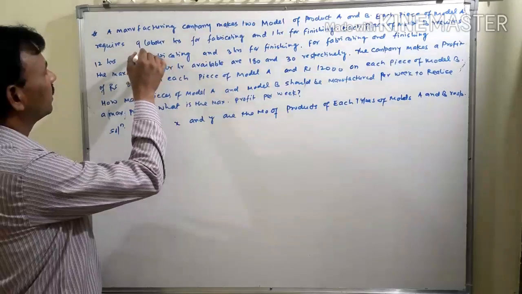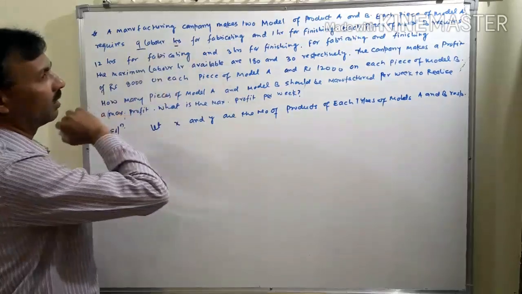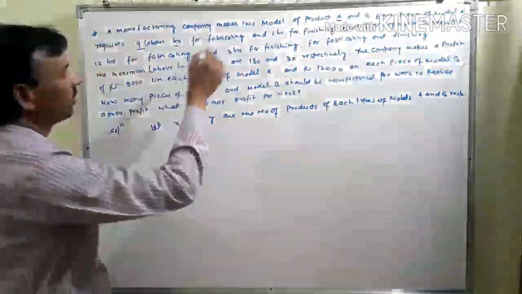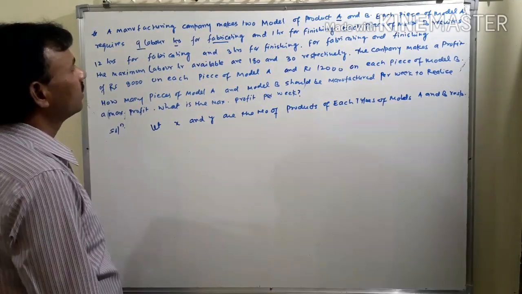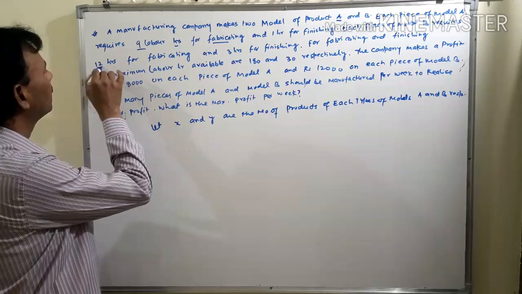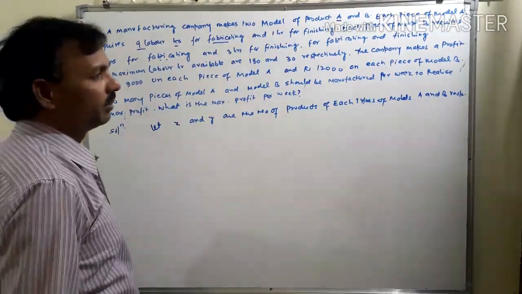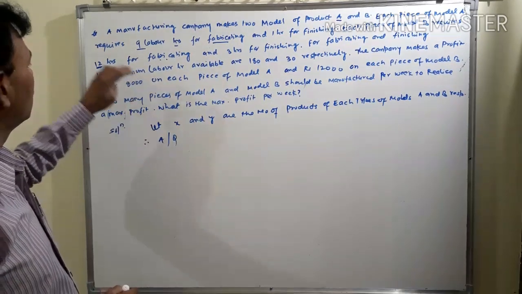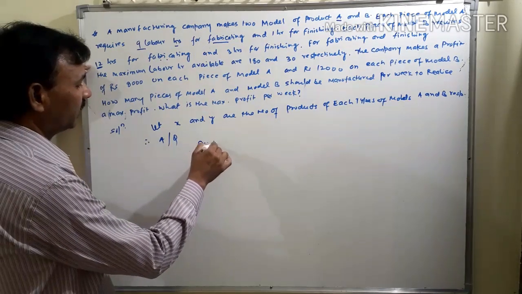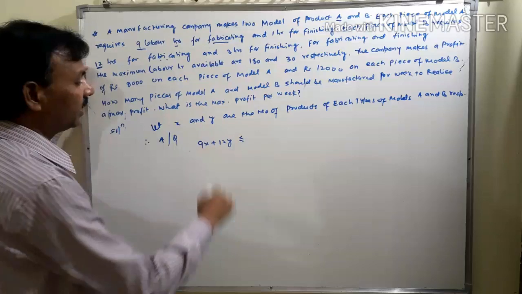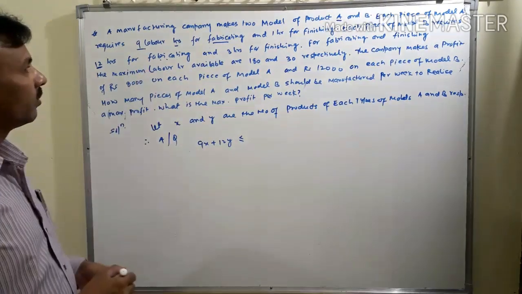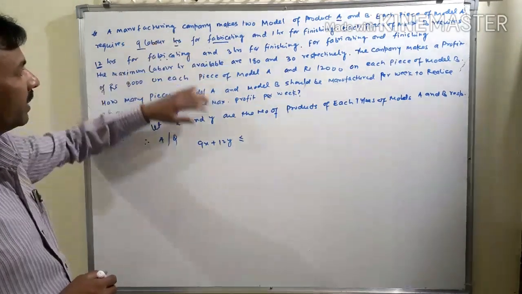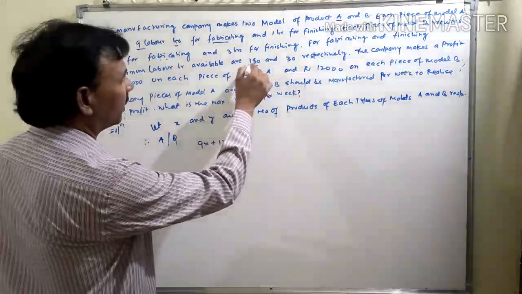Since, as you see here, 9 hours are required for model A for fabricating and 12 hours for fabricating model B, therefore, according to the question, 9x plus 12y is less than or equal to the maximum hours for fabricating, which is 180 hours.